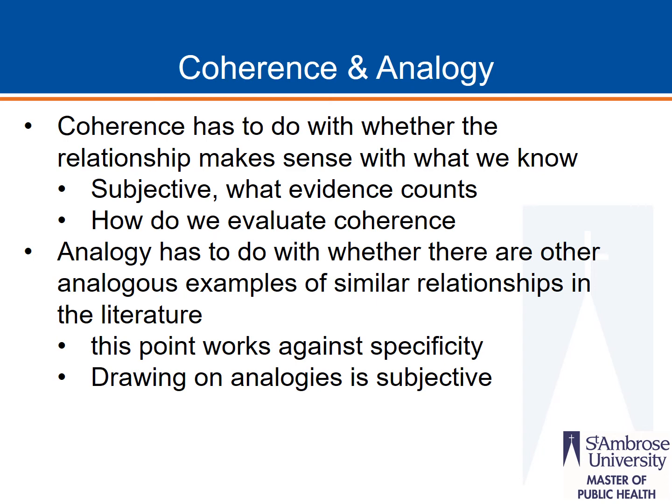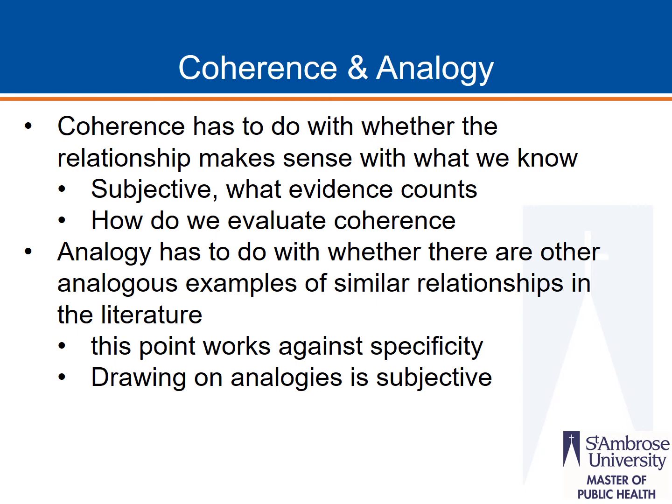But sometimes there is something broader about, does this make sense in a general way with what is known? Is it coherent with the information that we've seen, the evidence we have at hand? It is subjective because what evidence counts, and how do we evaluate this concept of coherence? And those are open questions, which is why these are not necessarily criteria that are always used.